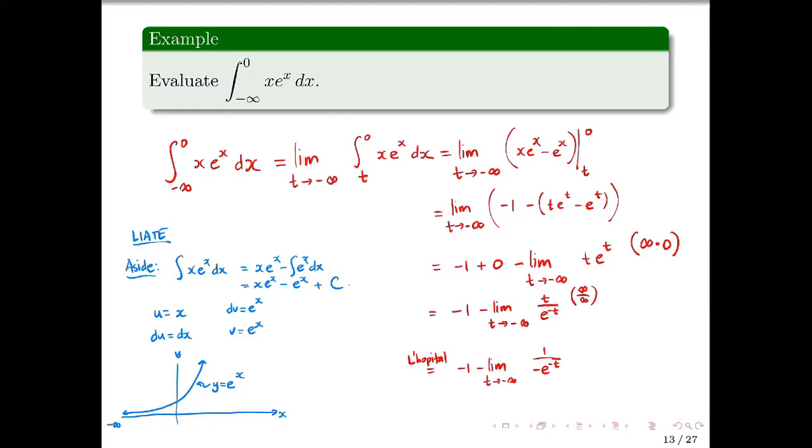And now, the denominator will go to plus infinity or minus infinity because of this negative. The numerator is just constant. This will just go to 0. So we will have here negative 1 as the final answer. Any questions?